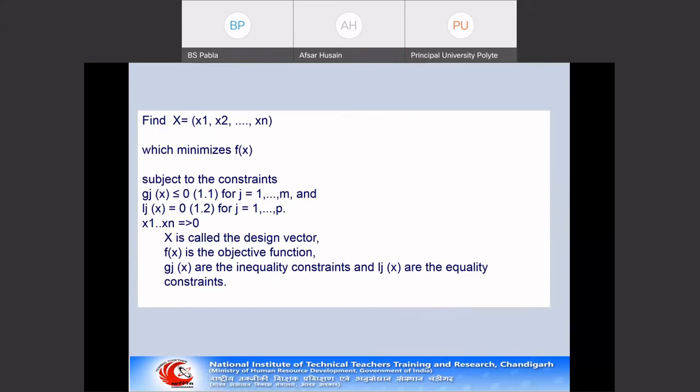This is called a non-negativity constraint, that x1 to xn, all these variables, cannot be negative. At the most, they can be 0 or they have to be more than 0. So here, the top x is called the design vector, f(x) is the objective function, gj are the inequality constraints, and lj are the equality constraints. We will understand it more in the coming slides.